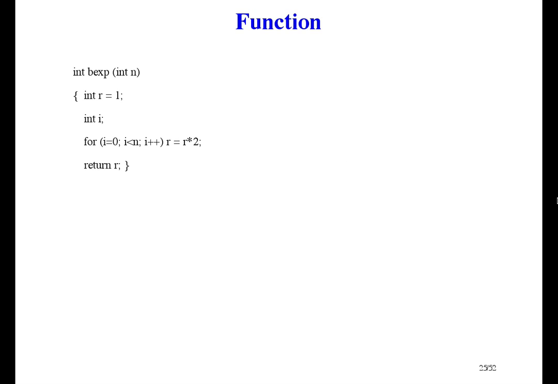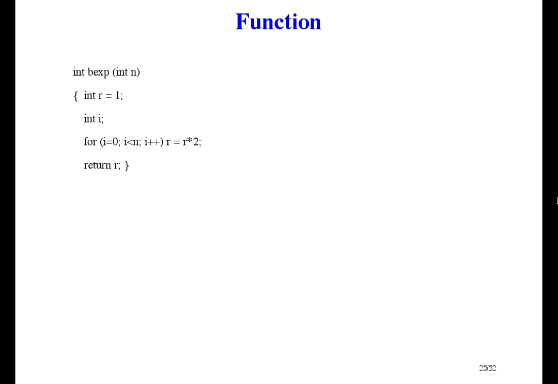Next, I want to talk about a feature of all languages that I know, namely the function, or it might be called a method. Here's an example in C, and it's probably not too different in your favorite language. This function computes the binary exponential, though not very efficiently.